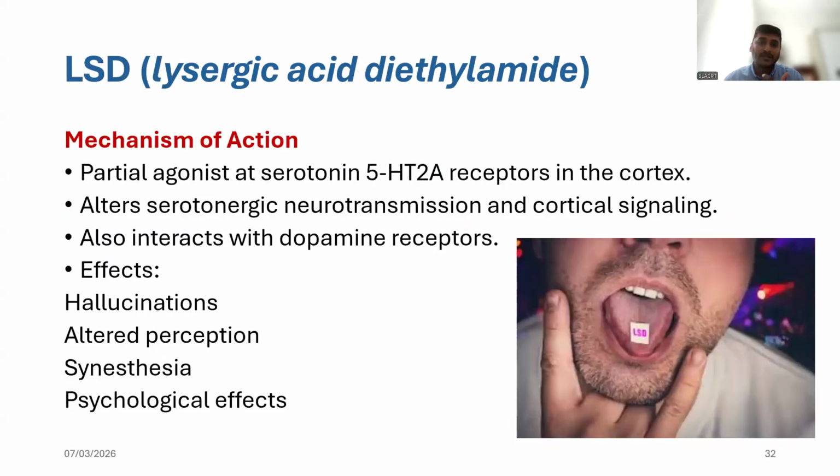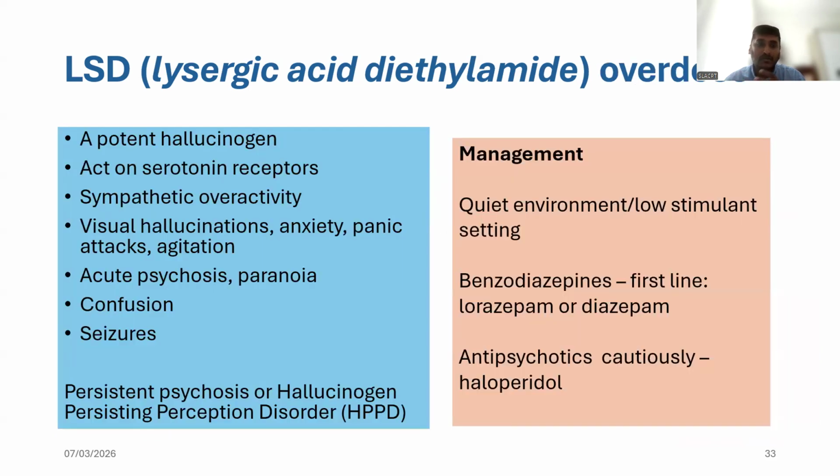LSD, lysergic acid diethylamide, again increases the serotonin activity in the body. It works as a hallucinogen, leading to hallucinations and altered perception. This is also identified as a psychedelic or psychoactive substance, and it also has some role to play in sympathetic overactivity.